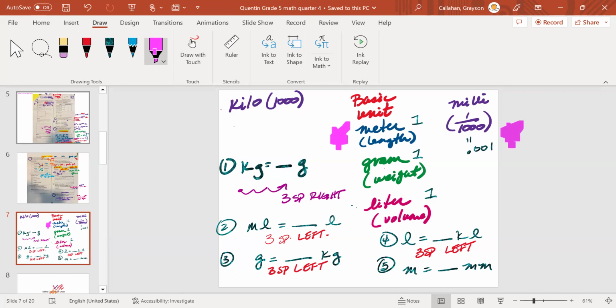To get from this point to this point, are you going to the right or to the left? To the right. 3 spaces to the right. I feel like you're not getting this. Put that away, please, and just pay attention.